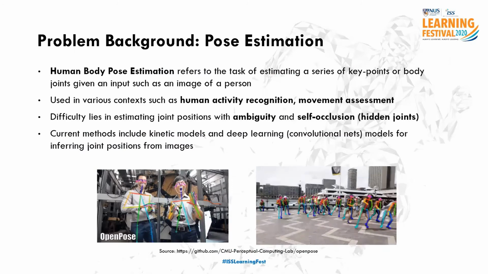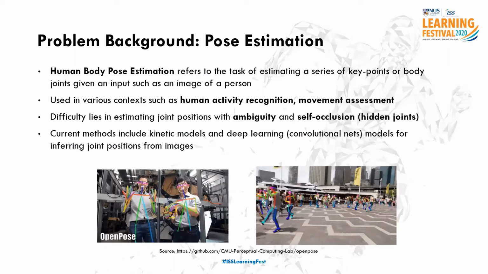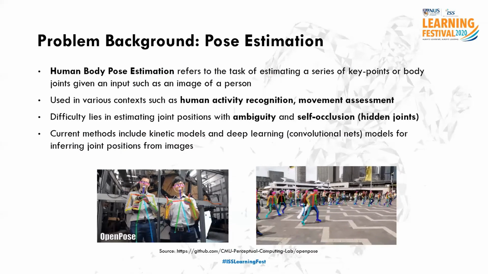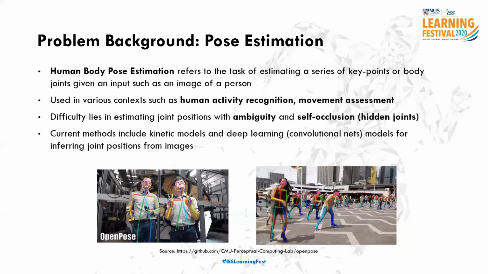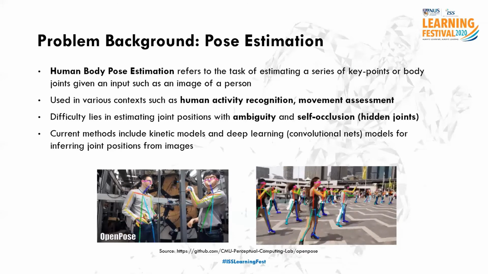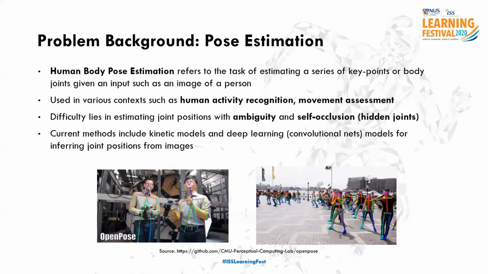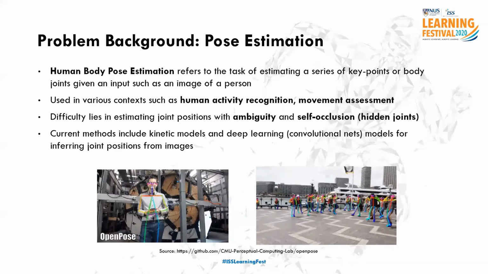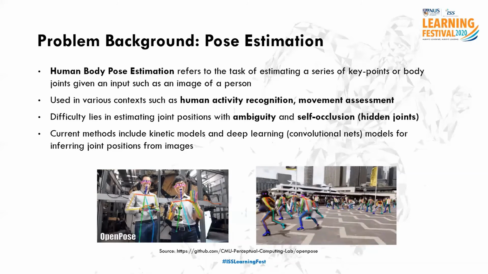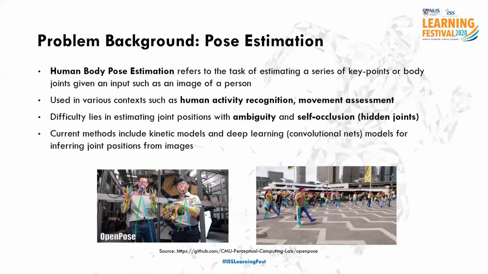So for this project, the problem belongs to the field of pose estimation. So here, pose estimation refers to the task of estimating joint positions or key points from an input, such as an image or a video of a person. It is used in a variety of tasks, such as human activity recognition, movement tracking, and assessment.